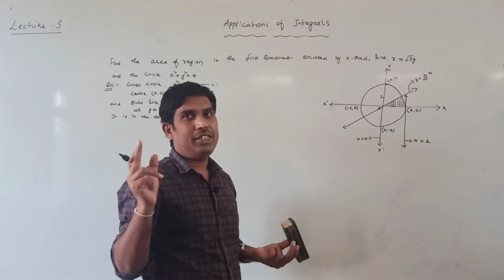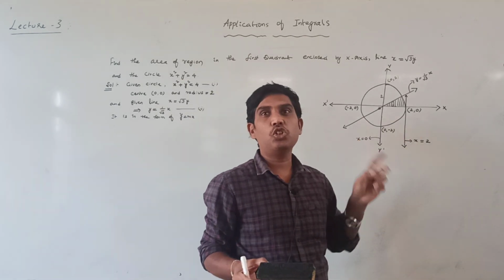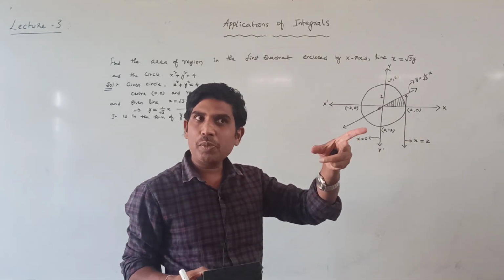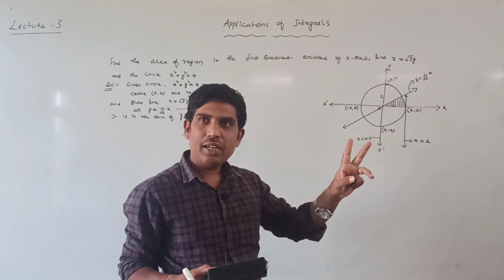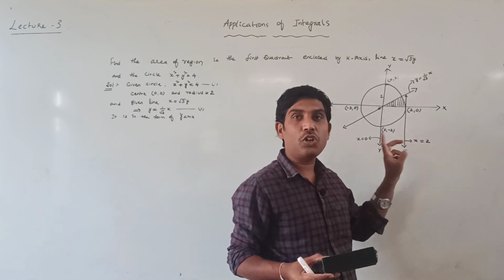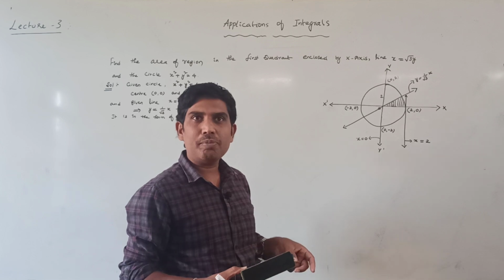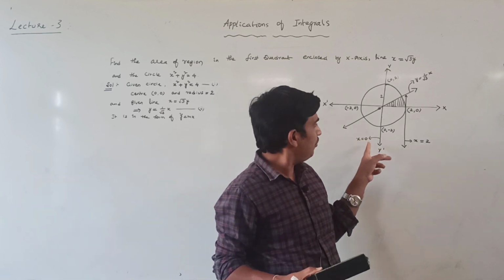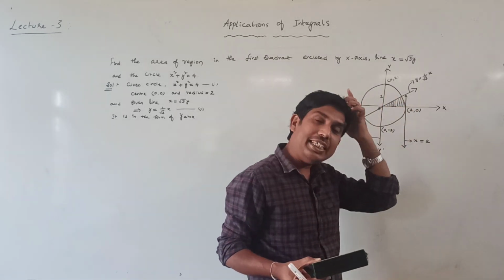But very important, we cannot take the limits directly from 0 to 2. In previous problems we took 2 to 4, 0 to a, but here we cannot take directly from 0 to 2. Why? Because in between these two limits the line and the curve intersect.